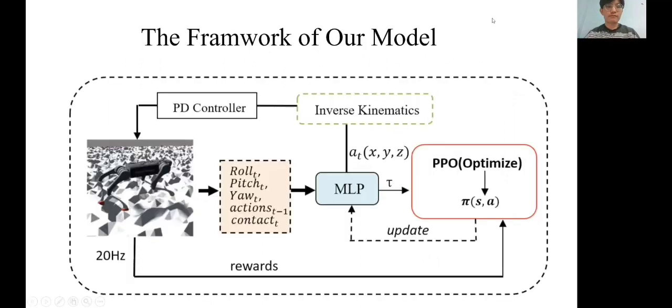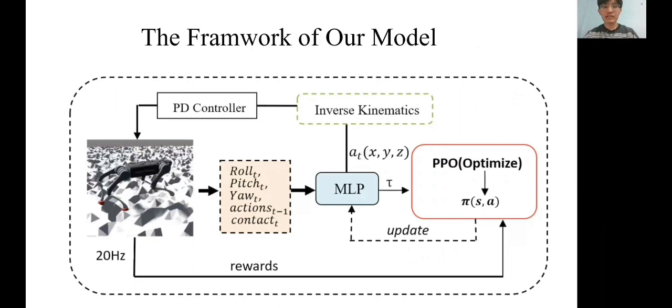And this figure represents the framework of our whole model. We can see that at the frequency of 20 Hz, the environment returns the status information of the robot to the multi-layer perceptron, which is MLP.